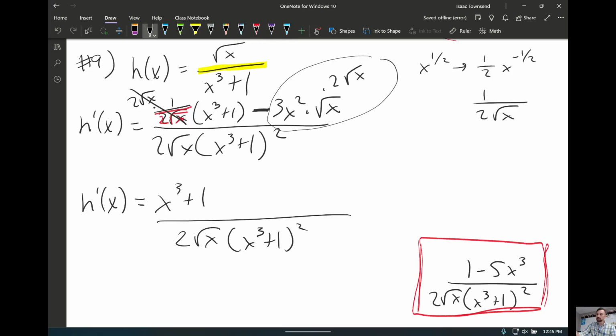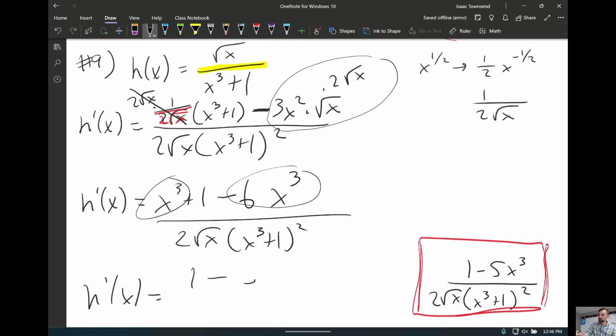I've got a 3 times a 2, which would be 6. A square root of x times a square root of x would just be what? X times this x squared gives me x cubed. And then finally, 1x cubed minus 6x cubed, you could combine to be minus 5x cubed.